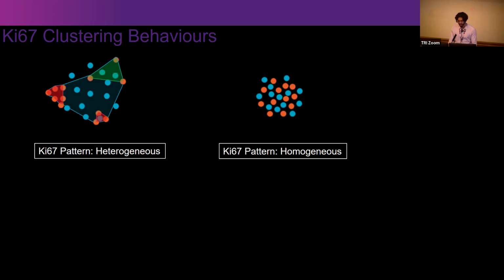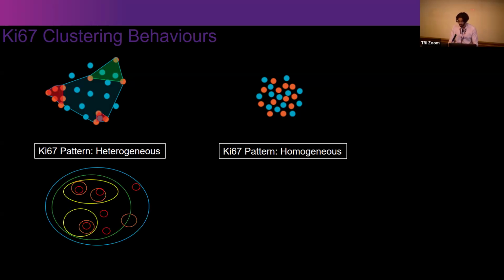So what we get is a demarcation like this across the entire tumor. Whereas if you have a homogeneous expression of KSD7 or proliferative cells, you get an even measurement of this area across any pixel threshold because all the cells are directly next to each other anyway. So you get more of an expression like this.